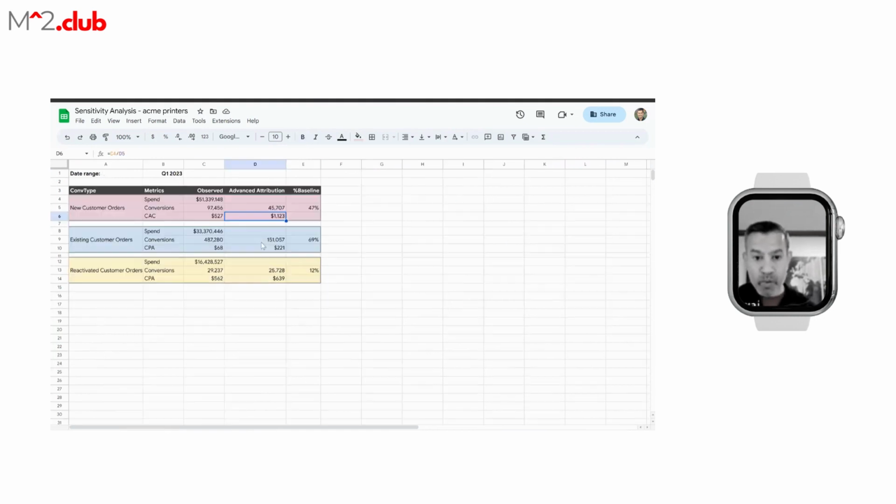Now you want to put that right over here and represent what is now called the baseline, which is, out of the 97,000 conversions that were observed, or new customers that were acquired by the business in Q1, 45,000 were acquired because of media. That was the $51 million that drove 45,707 new customers. And the rest of it, 47%, which is 97,000 minus 45,000, is what we call the baseline.